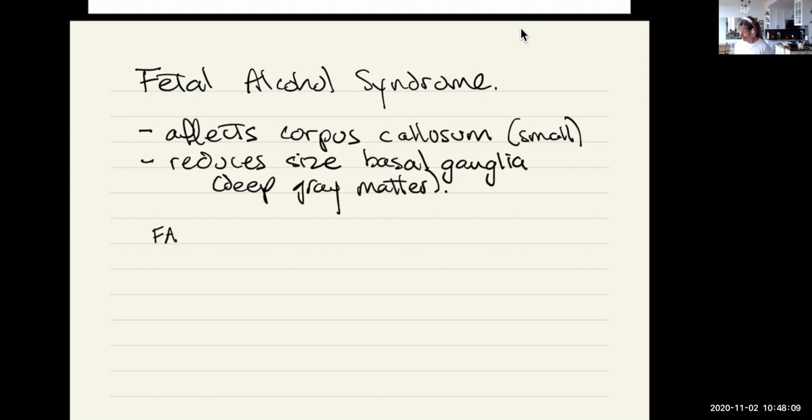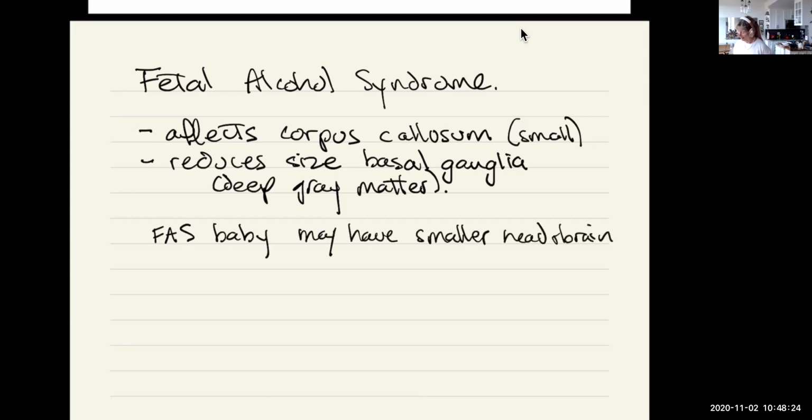So an FAS, a fetal alcohol syndrome baby, may have a smaller head, and impaired nervous function.